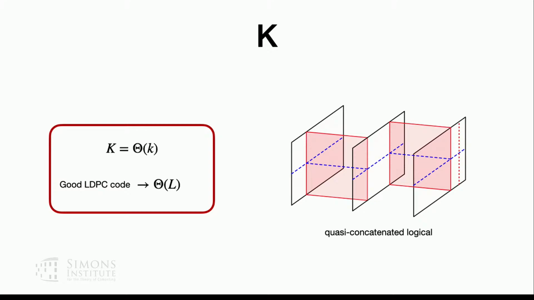And so if there was any new logical in your layer code, you could use it to make up a new logical in the concatenated code, which you assume can't happen. So it's if and only if these logicals with the concatenated logicals. And that's how you see you get exactly the same scaling as the input code. So for a good LDPC code, this is going to scale like the number of layers you've laid out in space. So it's going to give you order L.